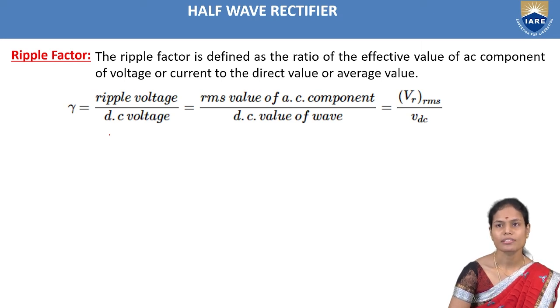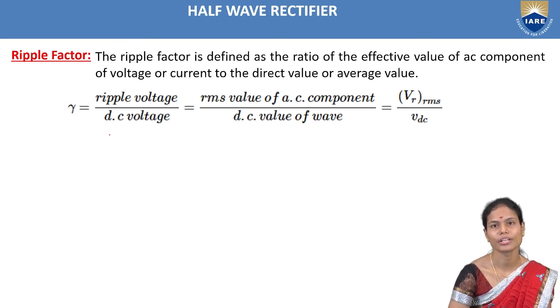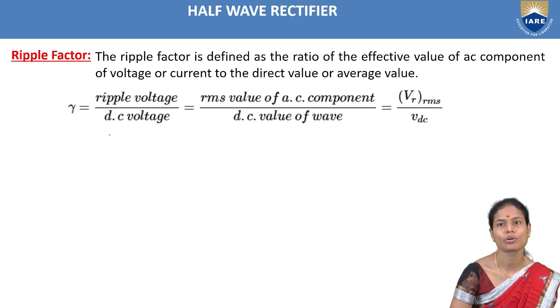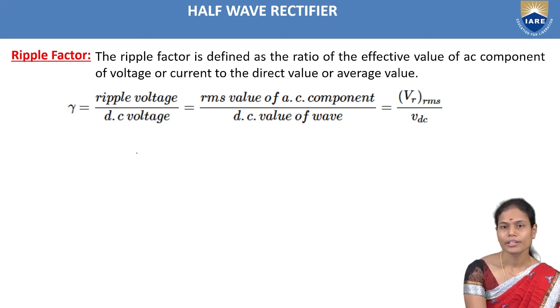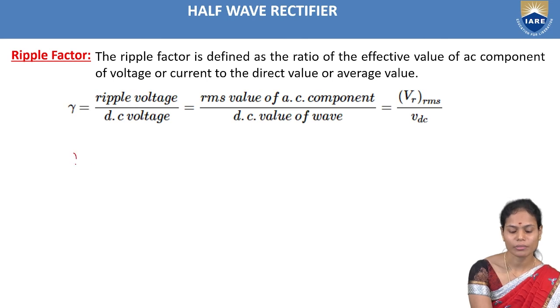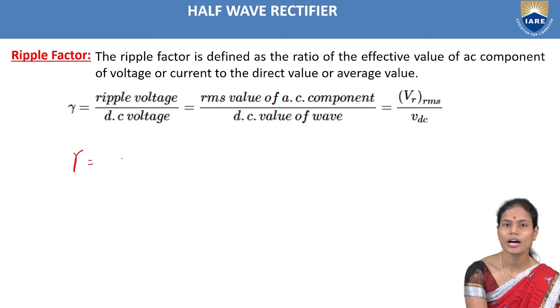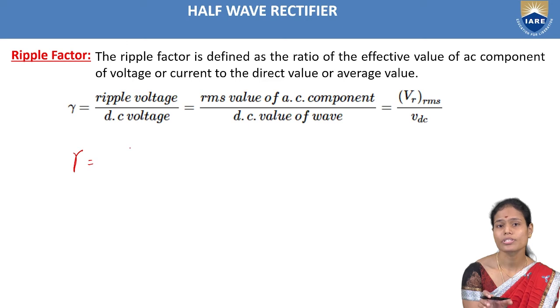This is defined as the ratio of the effective value of the AC component to the direct value of the voltage or current. That is, we take the RMS value of the AC component to the DC value of the signal. We indicate it as the ripple factor, represented with gamma. To find gamma, we take V gamma of RMS divided by VDC. That is nothing but the AC content present in the RMS voltage divided by the average voltage.